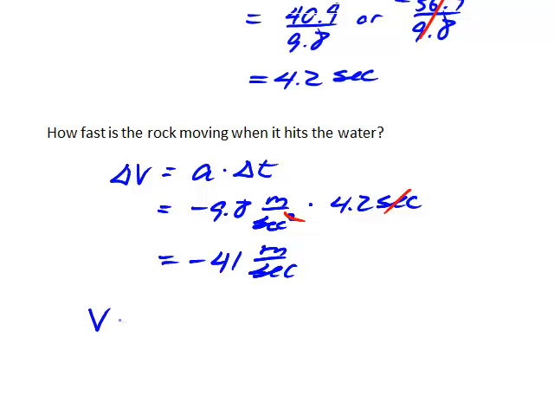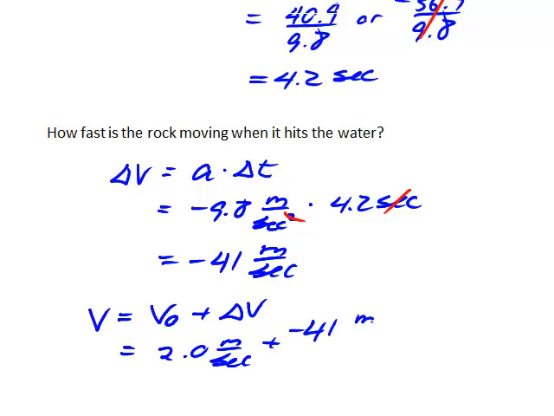Now, the final velocity is equal to the initial velocity plus the change in the velocity. 2 meters per second plus a change of negative 41 meters per second. The rock is moving downwards at 39 meters per second as it hits the water.